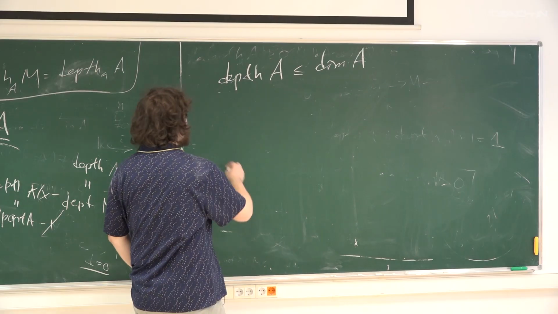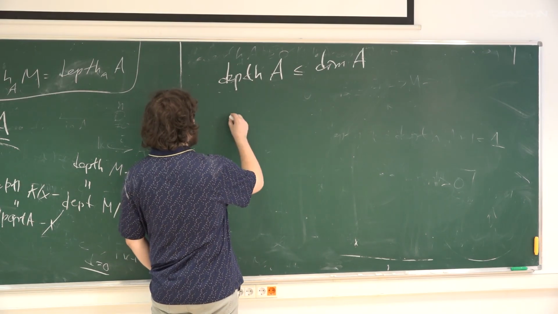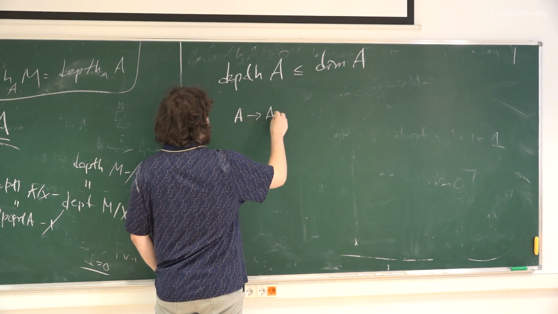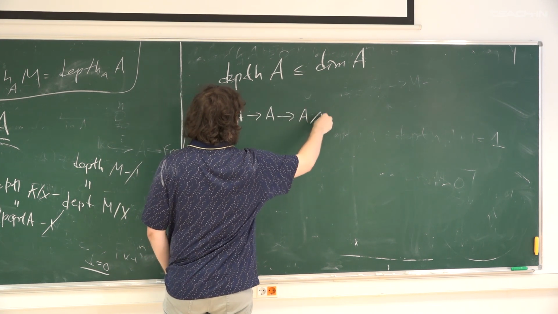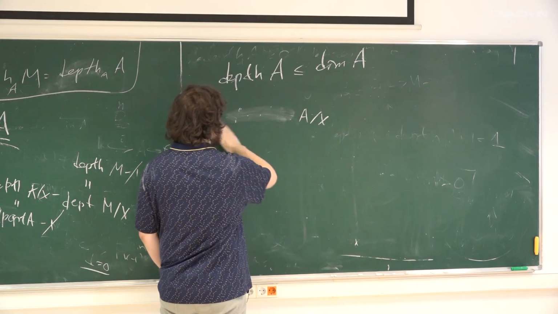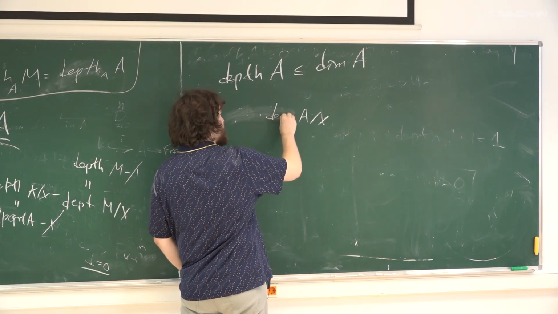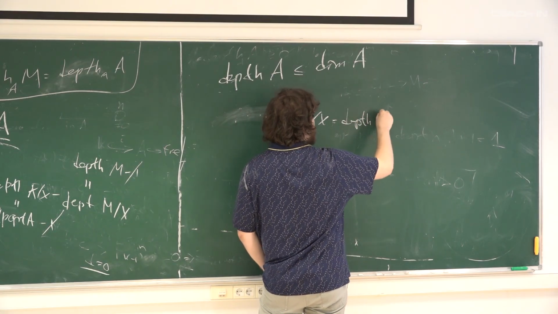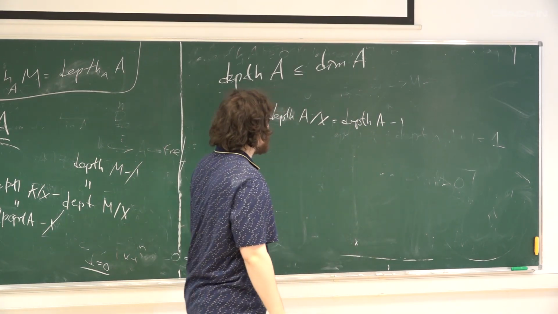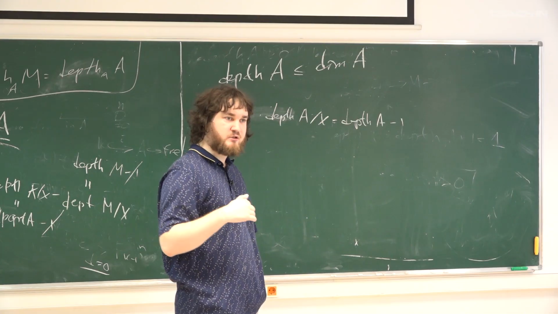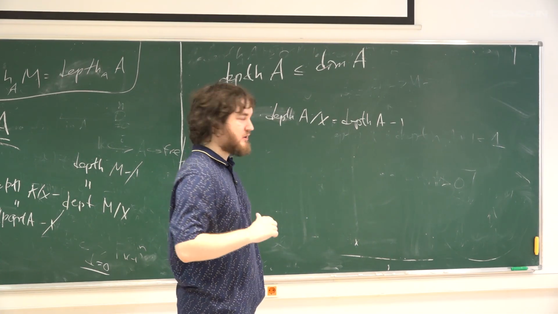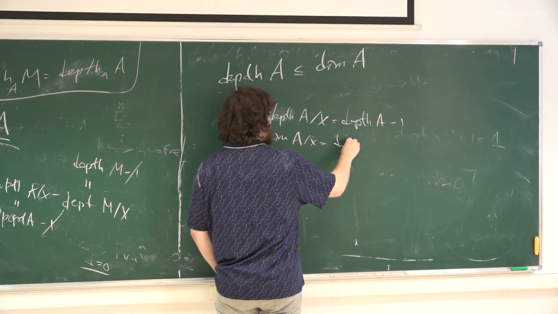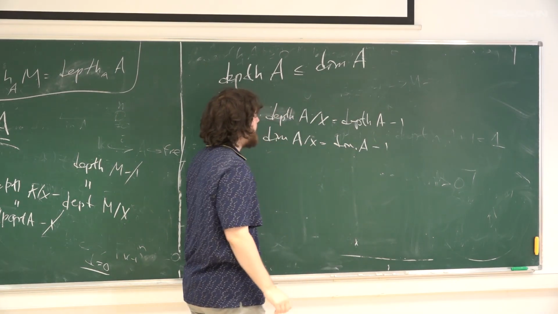You need to check that if you consider some non-zero divisor and consider the quotient by the non-zero divisor, then by definition it's easy to see that depth is exactly depth minus 1, but you can also check that the dimension is also exactly 1 lower. So Krull dimension is also dimension minus 1.